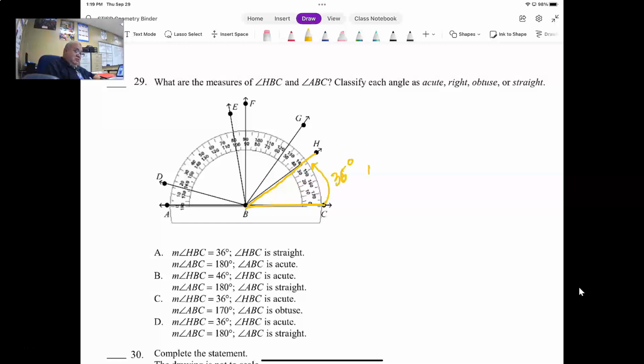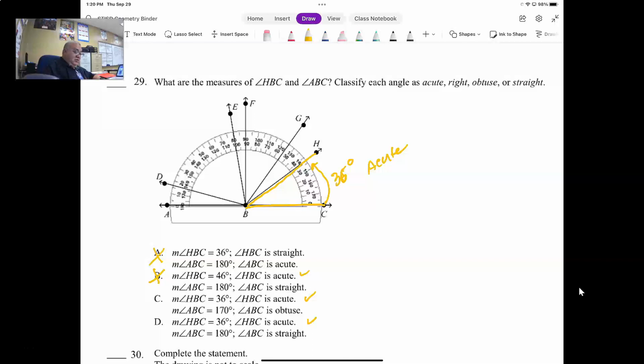Okay, we know that's going to be acute. Anything less than 90 is acute. So we know that it's not going to be A because it says HBC is straight. It says here 46. I don't think it's 46, but it does say acute. I don't think it's 46, so I'm going to mark it wrong.